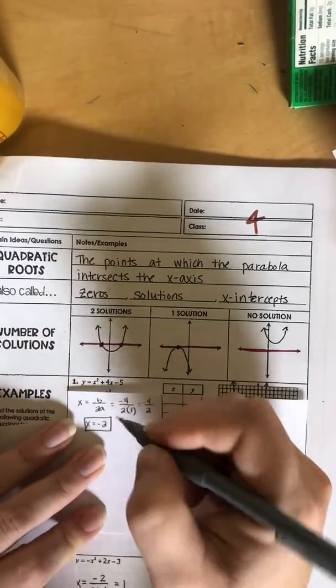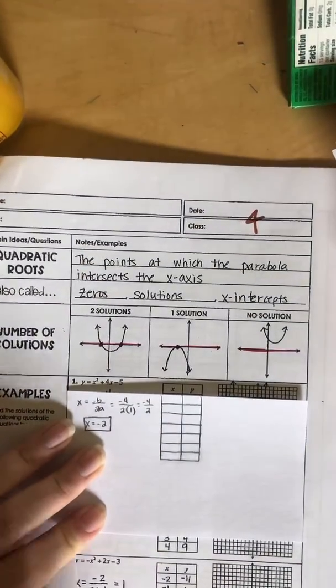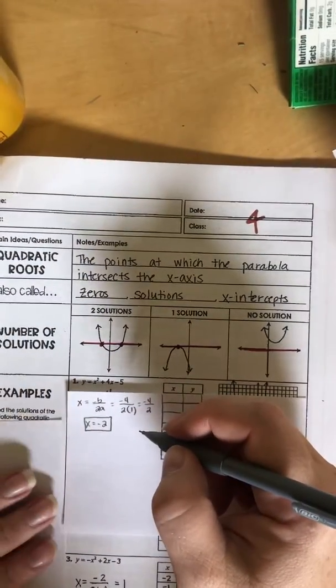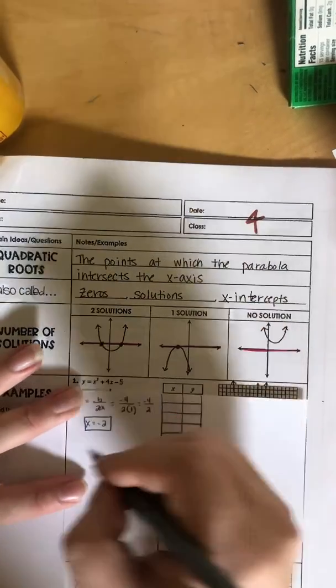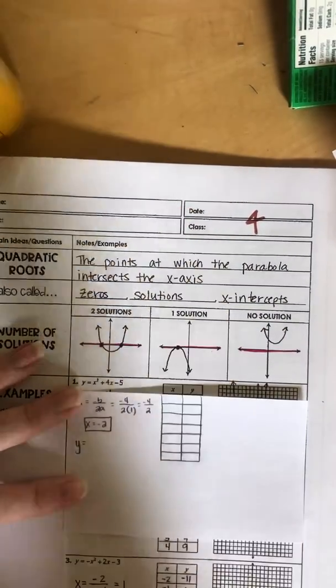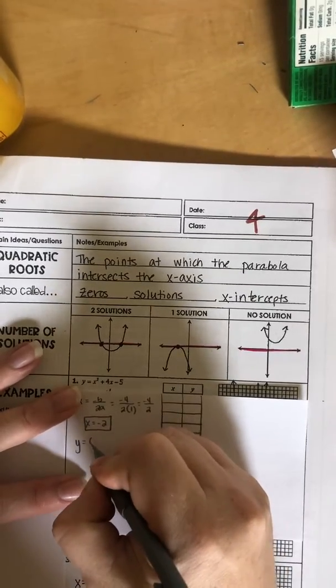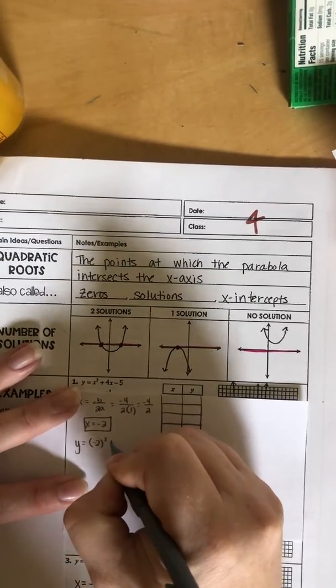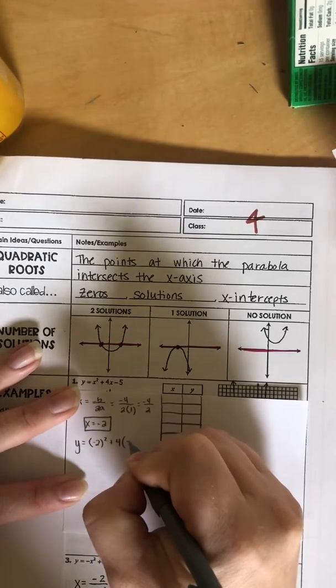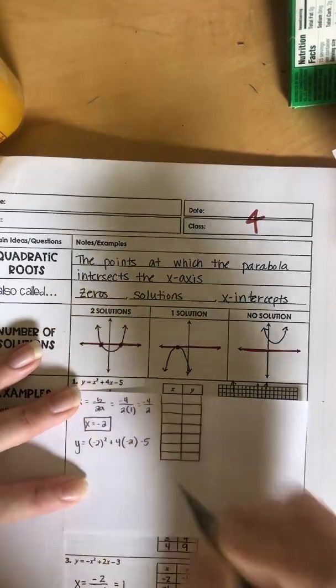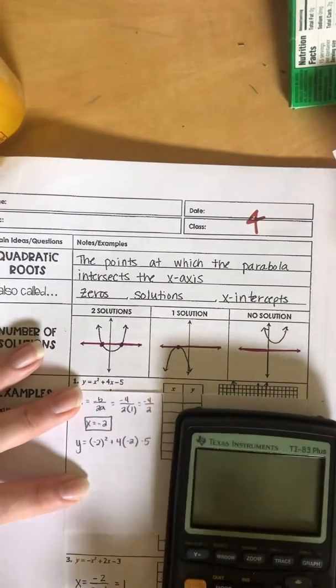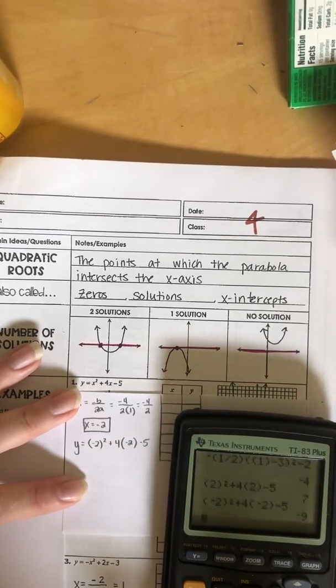Okay, so after we're done doing that, you're going to plug it in, and you can use a calculator, but I want you just to show what you are plugging in. So here you are plugging in this negative 2, so it's negative 2 squared plus 4 times negative 2 minus 5, and you are more than welcome to use the calculator without showing any more work than that.